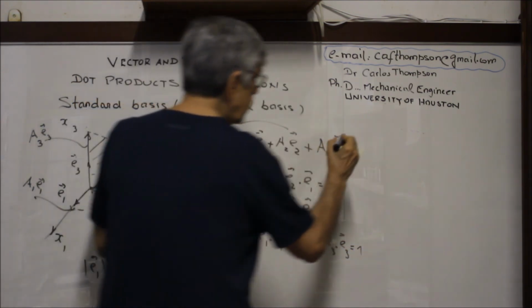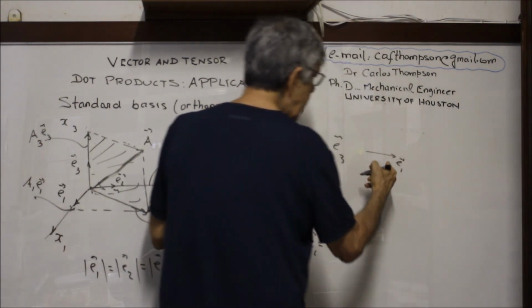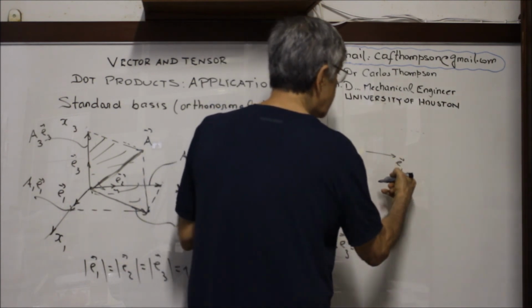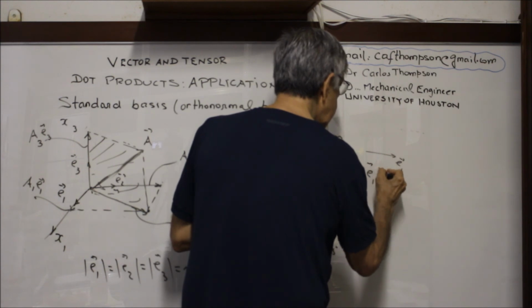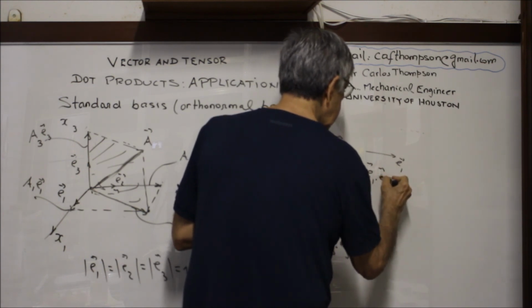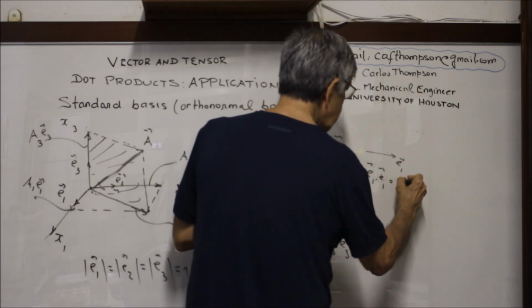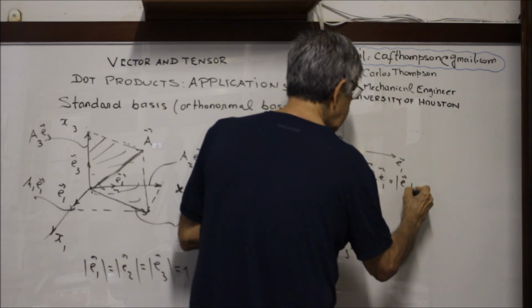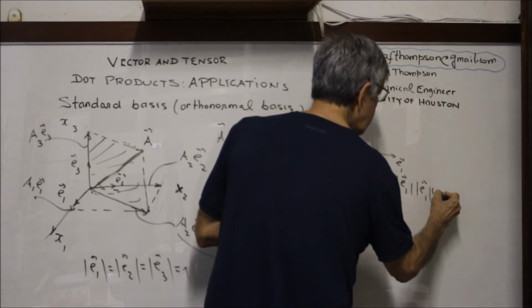Why? Suppose here's E1. The angle between E1 and E1 is 0. So E1 dot E1 is equal to the size of E1, which is 1, times cosine of 0.